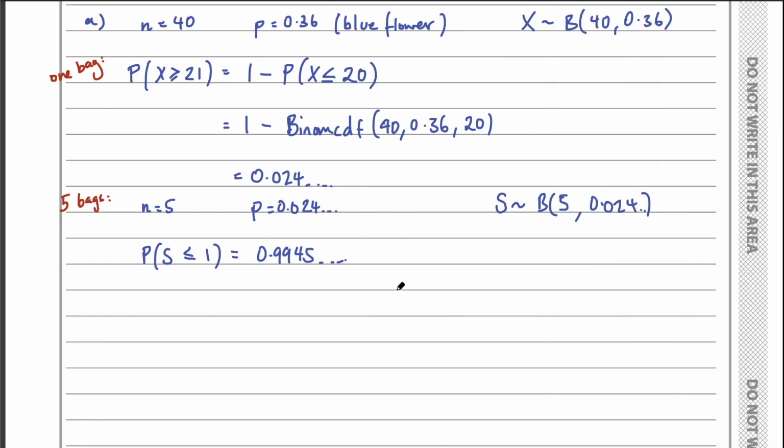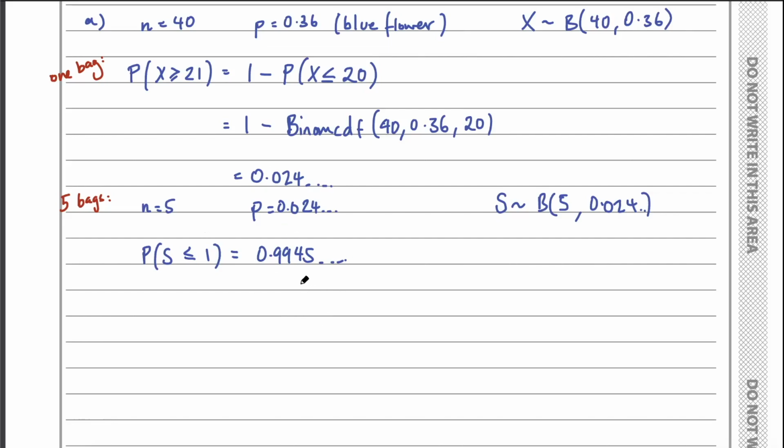So 0.9945. And again, think about this logically. If you have a greater chance of getting white flowers, you'd expect most of the bags to have more white flowers. You'd expect either 1 or maybe 0 of the bags to have more blue flowers, which is what this is saying. We've got an almost 100% chance of 0 or maybe 1 of the sacs to have more blue flowers, and the majority will be white flowers.